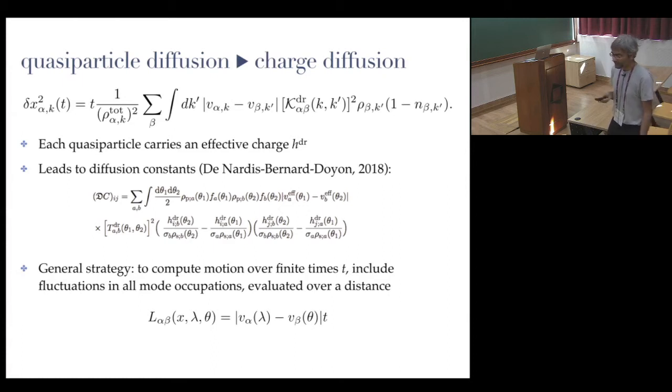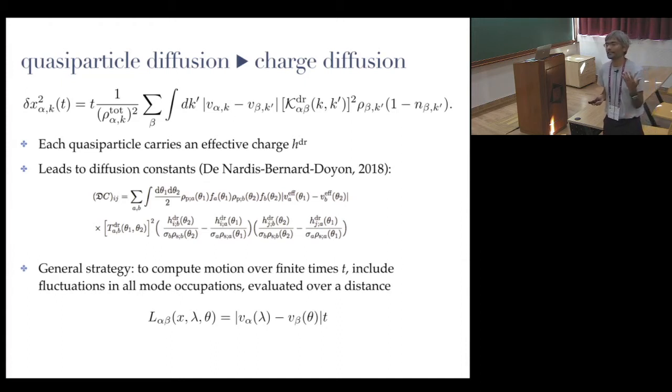Okay, so the basic strategy behind all of the stuff we're doing is that in order to figure out what happens over some finite timescale t, you need to think about the effective fluctuations of the thermal ensemble on the length scale corresponding to that timescale t.